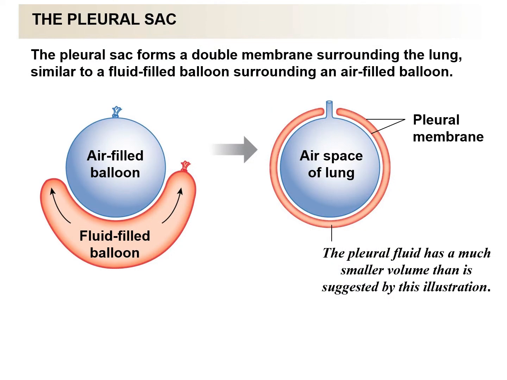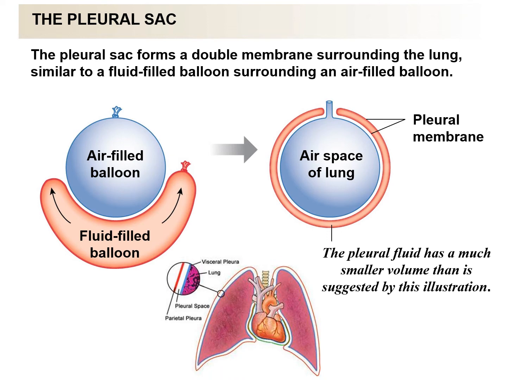The lungs in the pleural cavity are a 2-sac system. You have an air-filled balloon, and then you have this fluid-filled balloon around the outside, known as the pleural membrane. So it's a 3-layer system, not unlike the pericardium, that secretes a small amount of fluid.